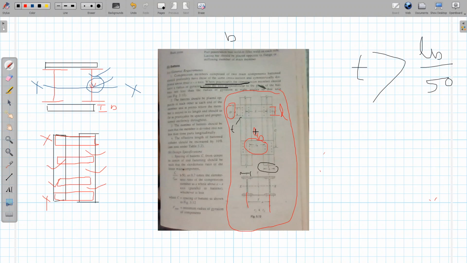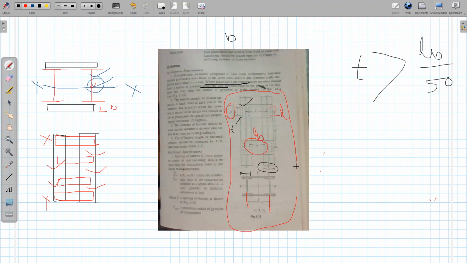Now see how much design load will transfer to a batten. If we see the earlier discussion, we said that in case of lacing system, 2.5% of the total compressive force is transferring to the lacing.